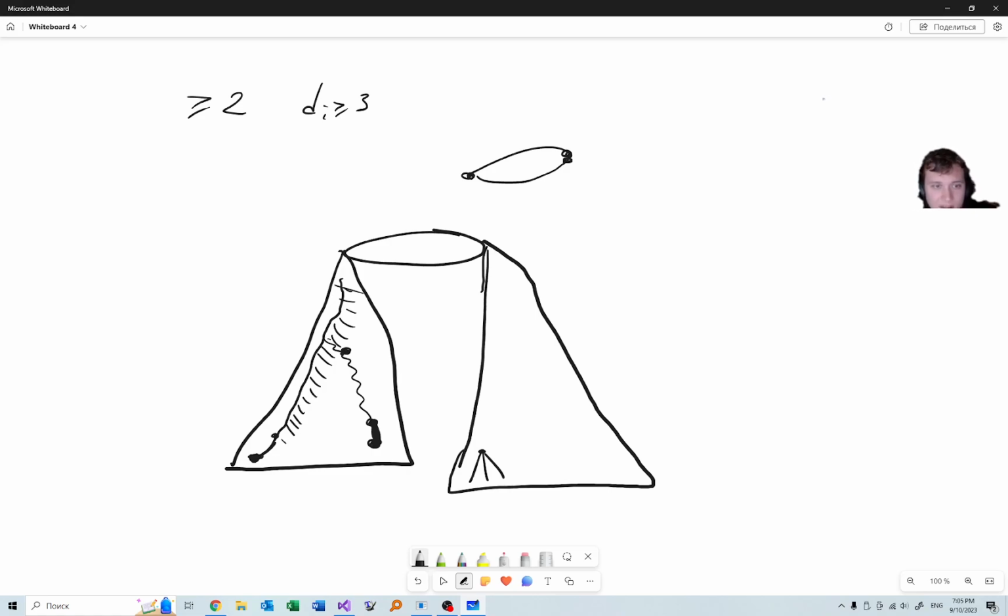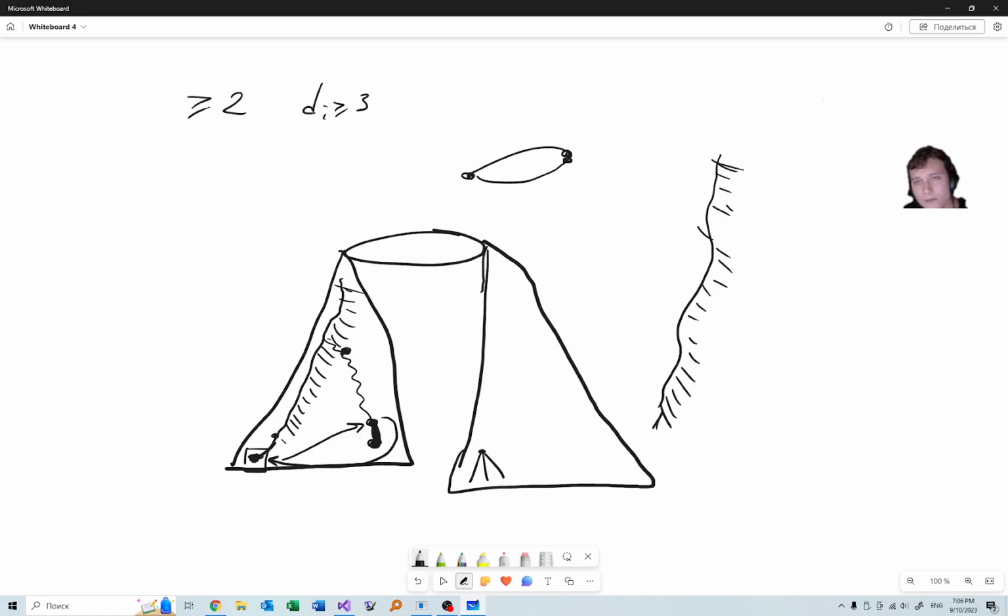And in this case, I can put this leaf here and put this vertex here, and actually increase the depth by 1. So the only possible way is I have a long path with only leaves. And the same goes for this tree, or otherwise, again, I could take some other such vertex and do this trick.